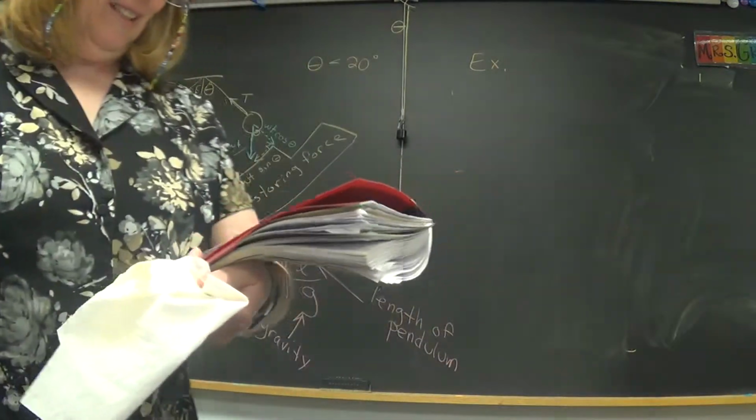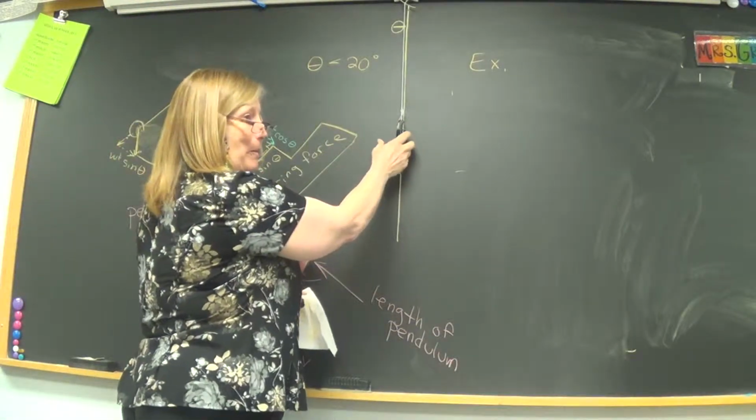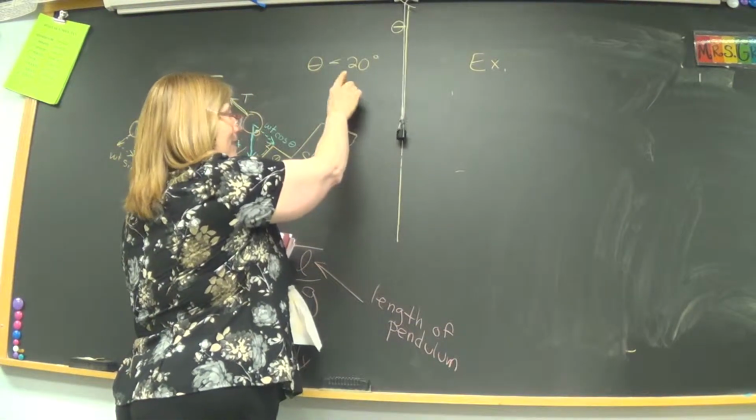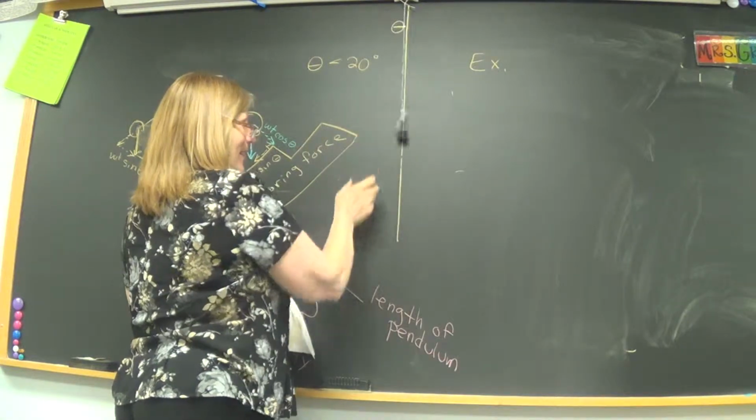No, I didn't even get there. Alright, so here's the pendulum on the different planet. I use less than 20 degrees, and the angle is still less than 20 with your angle.